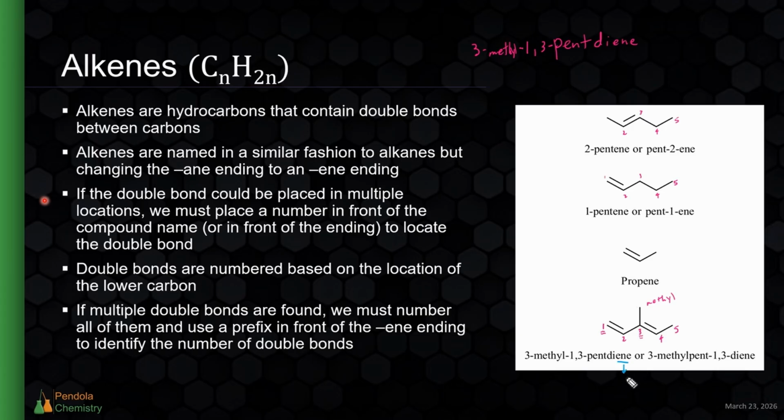Ene tells us there are double bonds. Di tells us there are 2 of them, 2 double bonds. Pent, 5-carbon body, tells us what the body is. The 1,3 tells us the location of the double bonds.